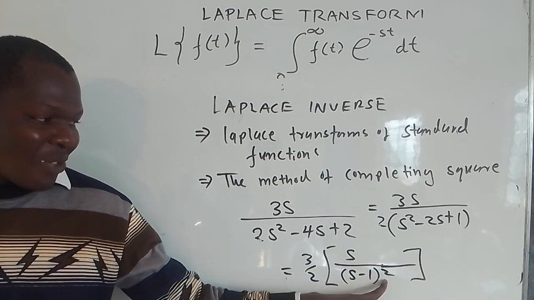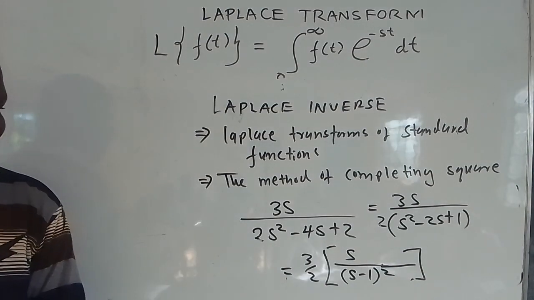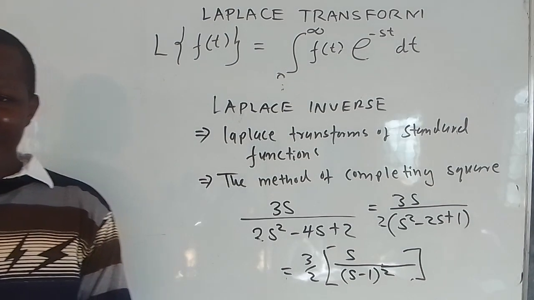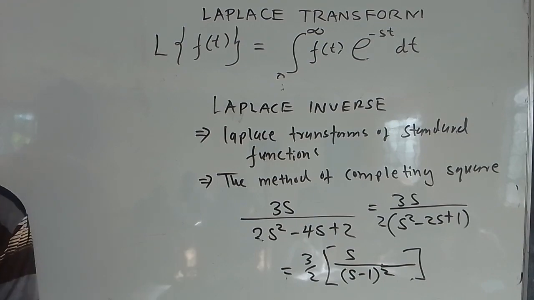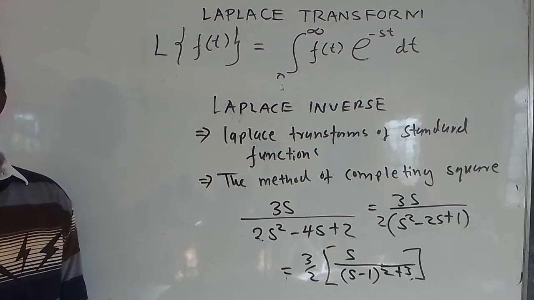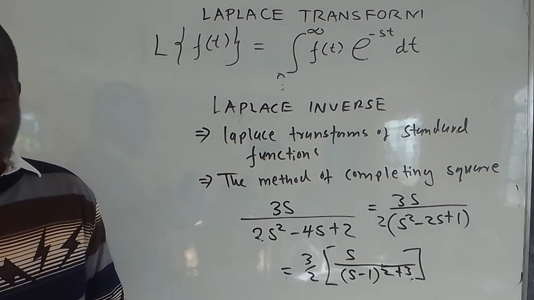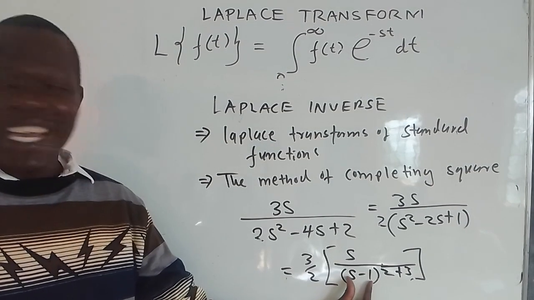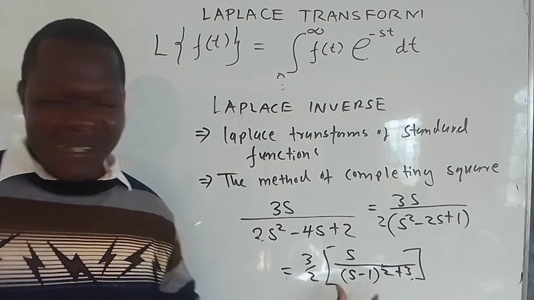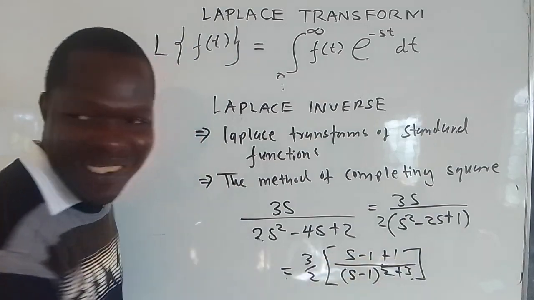Because when it is s minus 1 squared, you must have it plus something or minus something, isn't it? It's when you can have this as exponential this and this. You know, if you had it maybe plus 3, meaning they are 2. Why? Because s minus 1 will be like s minus a, isn't it? So in the numerator, you must also have s minus a, then you add plus 1, isn't it?